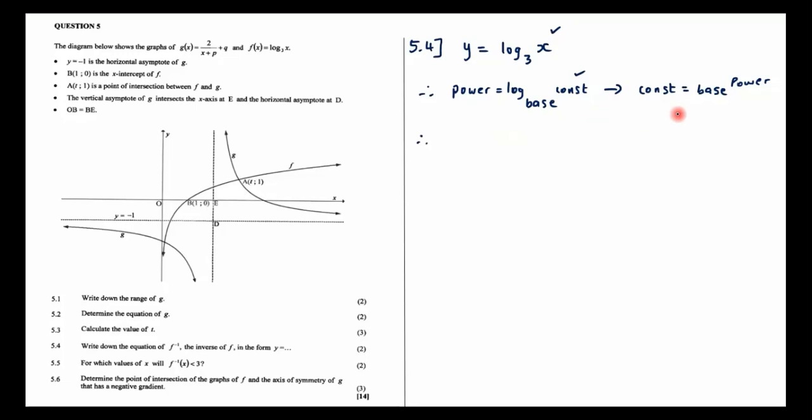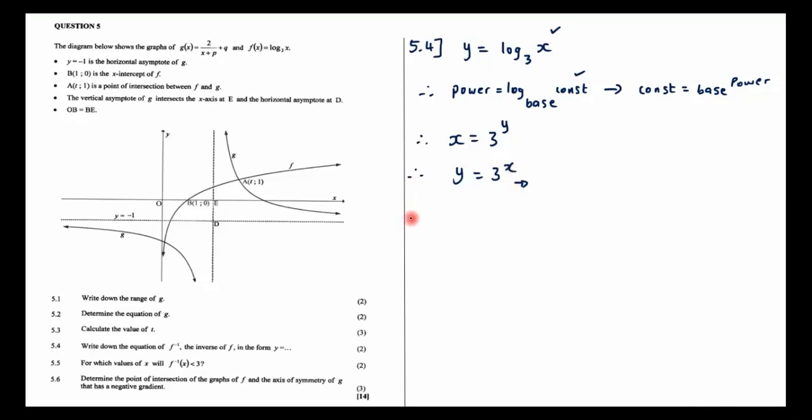Therefore my constant is going to be x equals my base, which is 3, and then the power is going to be y, right? Then you see that I have solved for x, and after solving for x, I'm going to change the x variable into a y variable, and the y variable into the x variable, and that is how we get our value.